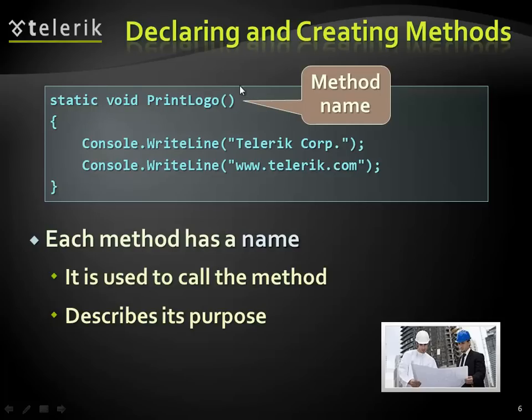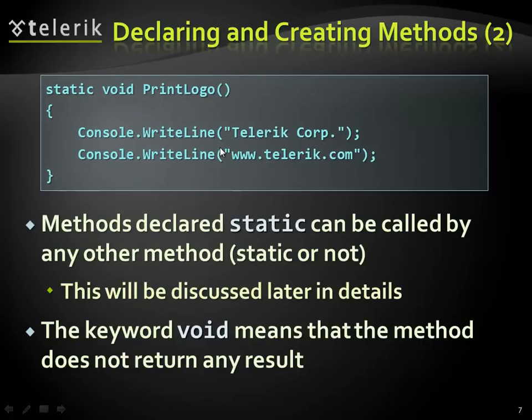A method has to have the parentheses, whether or not it accepts any arguments, any parameters. It has a return type. In C#, every method must have a return type, and this method in specific returns void. That means it actually doesn't return anything.